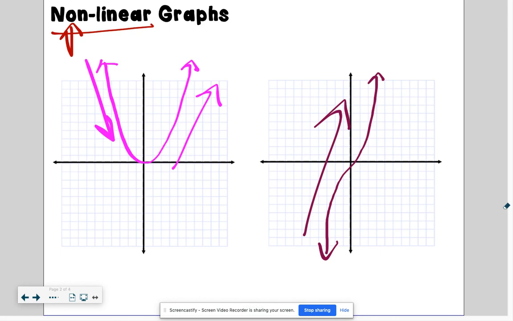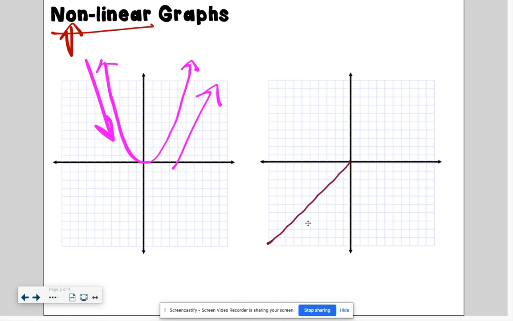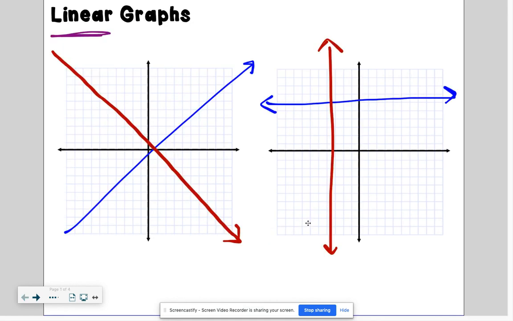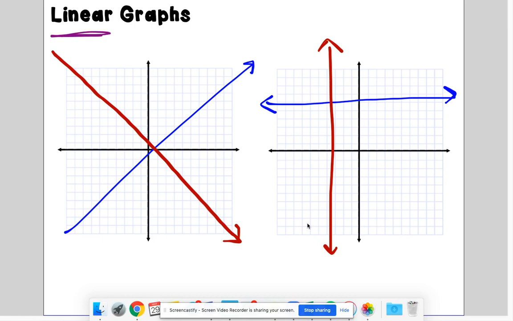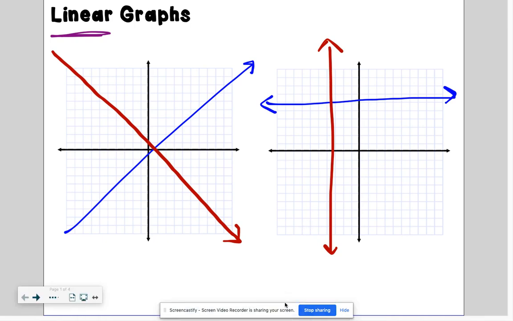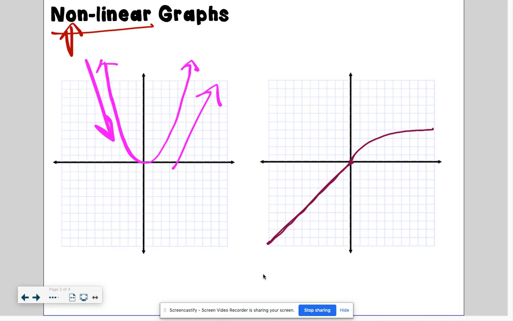Sometimes graphs can also have different parts to them. Say a graph is straight for a little bit, but then it curves off at the end. Part of it is straight, but part of it's not. So this is a nonlinear graph. Linear graphs are straight lines, nonlinear graphs are not straight lines. Linear, line; nonlinear, not a line.